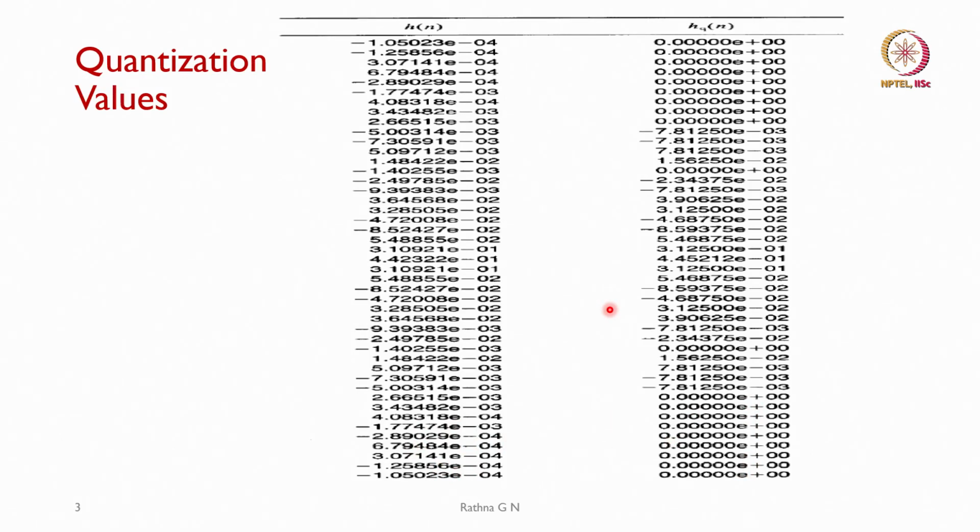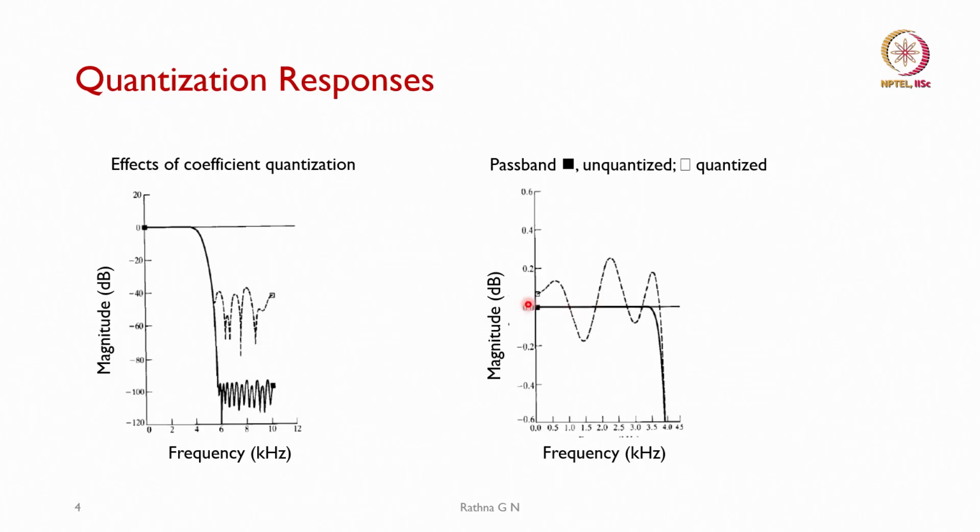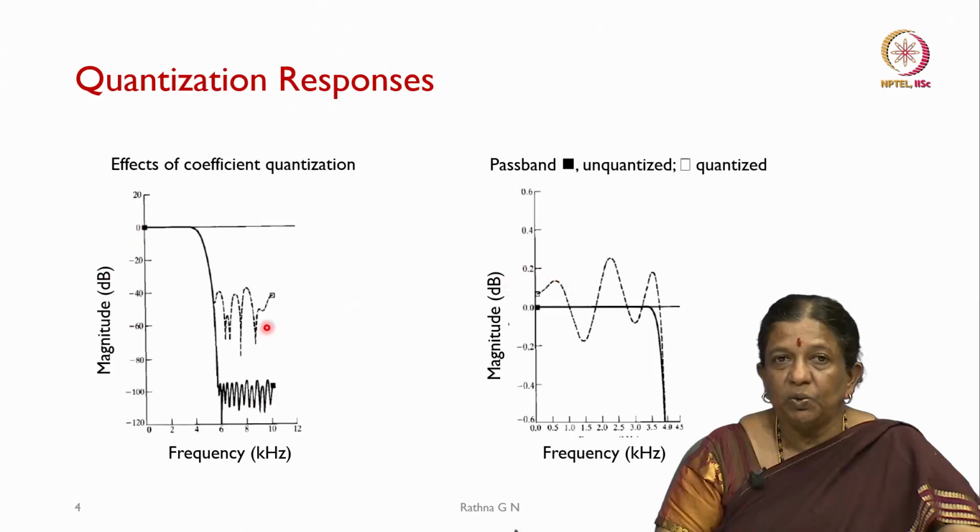So, in the FIR filter, how the response is going to be, we will see in a while. The black representation shows the frequency response with respect to magnitude. Based on the quantization, shown in the dotted lines, you will see that my cutoff frequency or stop band just gets moved up.